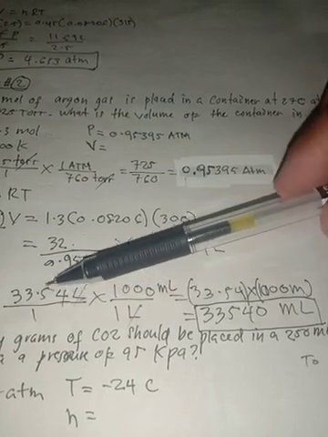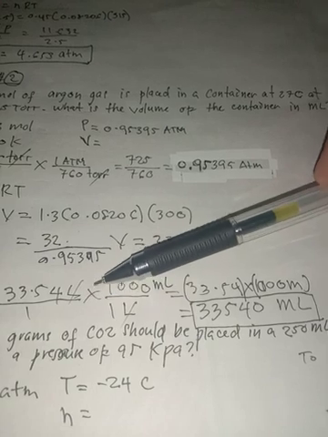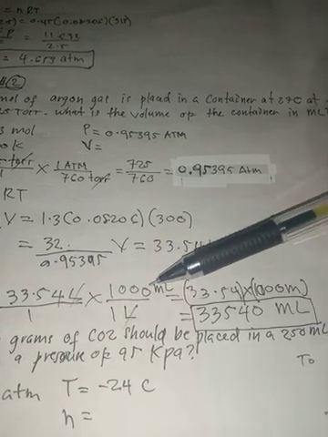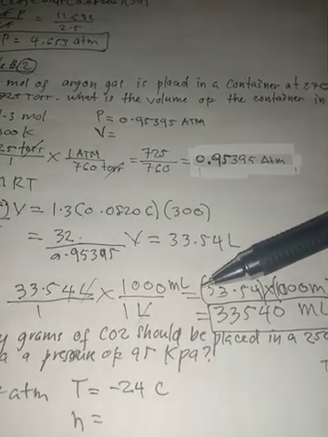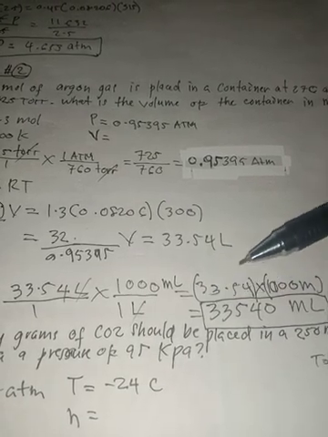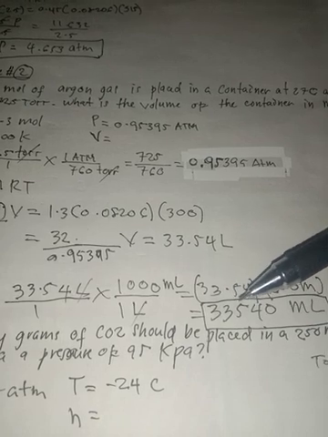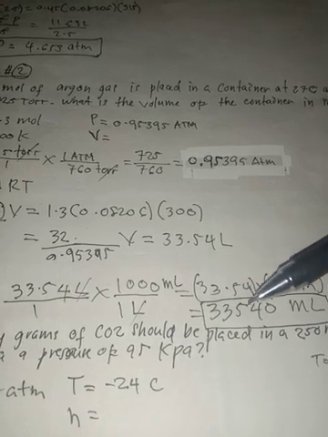So 33.54 liters times 1000 ml, the answer is 33,540 ml.